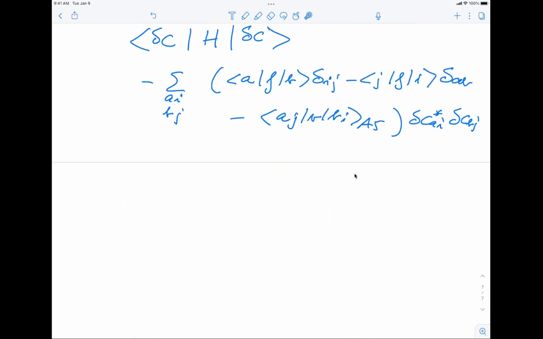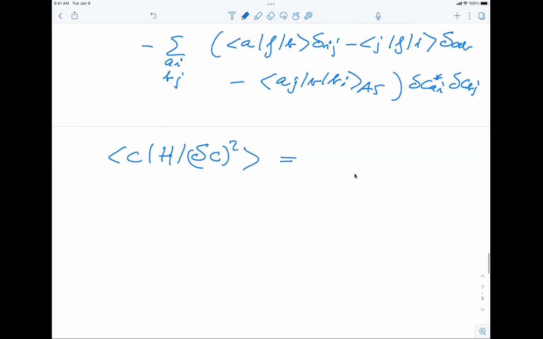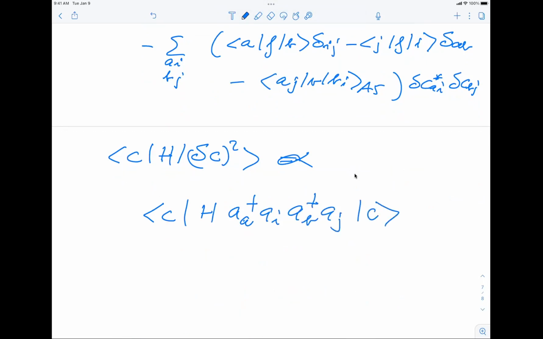If we take now the term which goes like ⟨C|H|δC²⟩, this is going to be proportional to C, and then we have the Hamiltonian H, and then we are going to have a†_A a_I a†_B a_J acting on C.